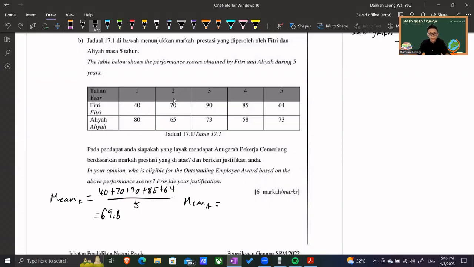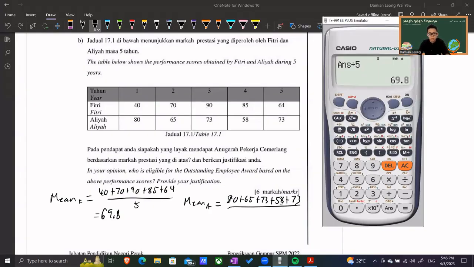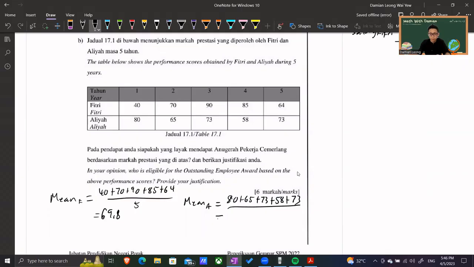Mean for Alia: 80 plus 65 plus 73 plus 58 plus 73, divide by 5, is the same.